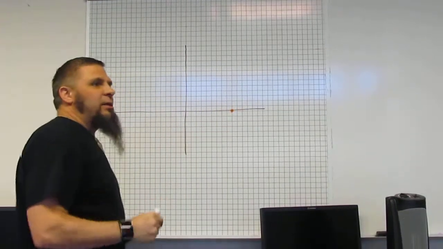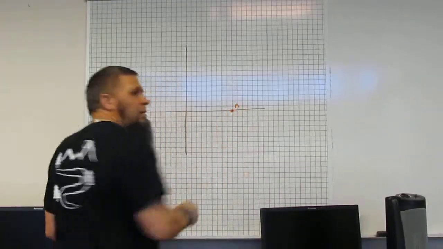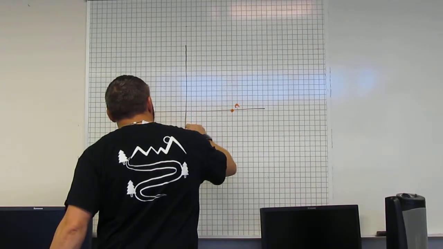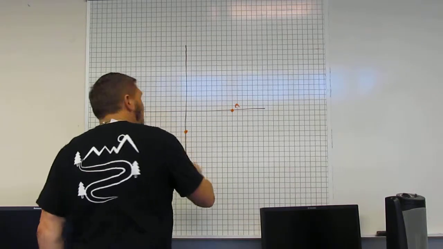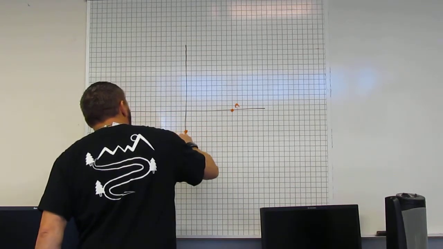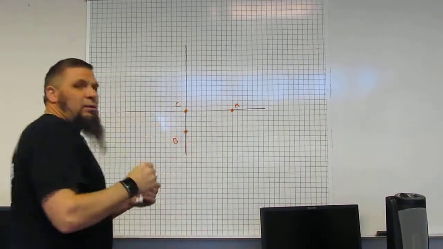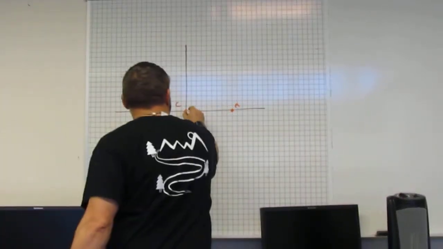That's right there. That's A. Okay, B is 0, -4: 1, 2, 3, 4. That's B. And this is C. A, B, C.